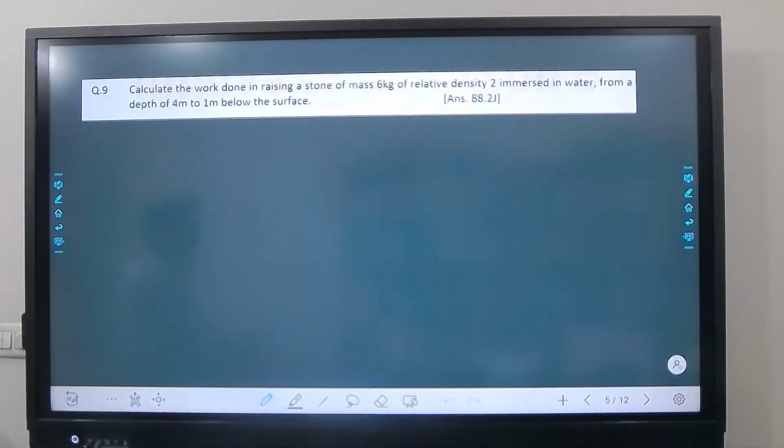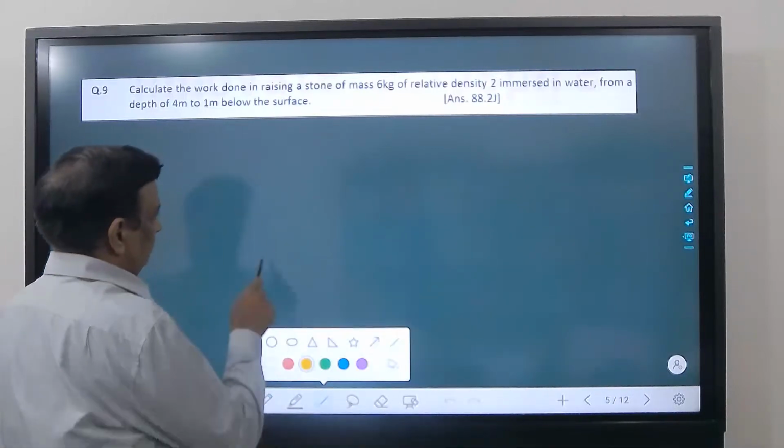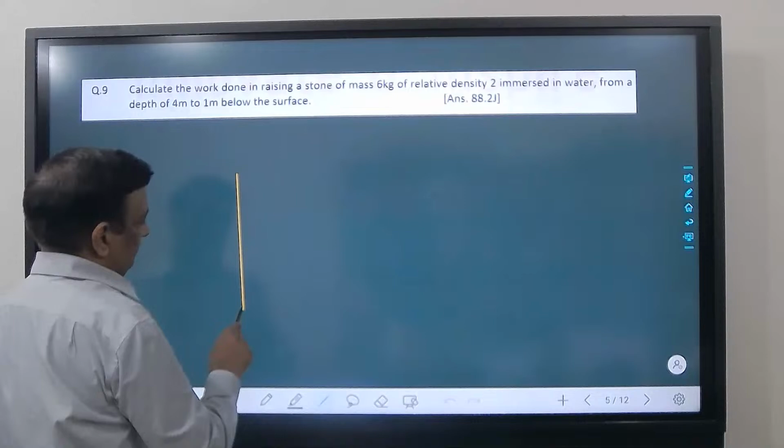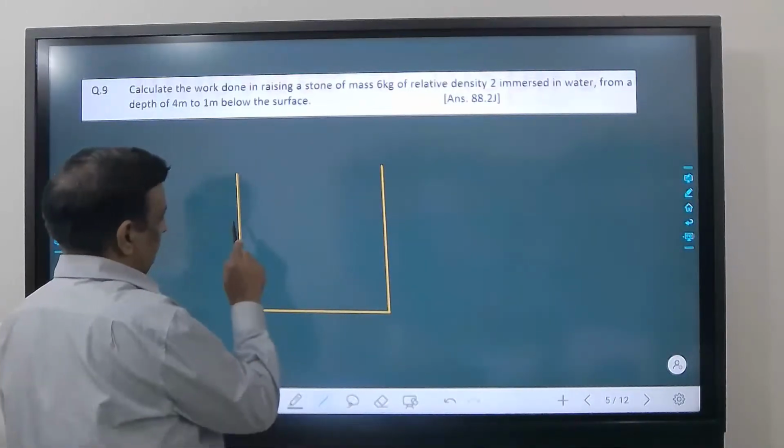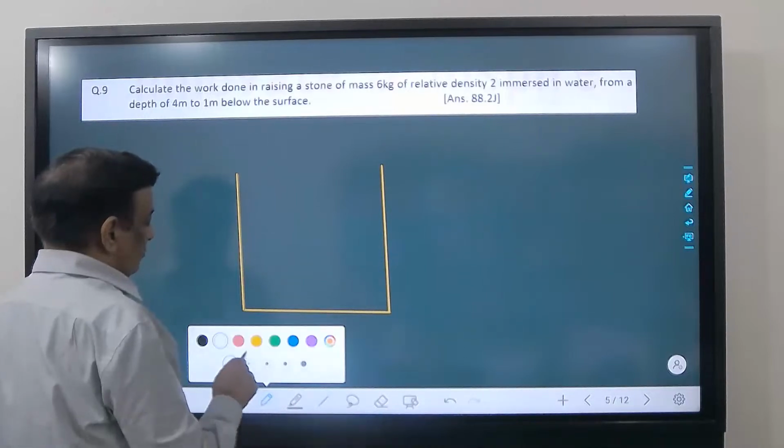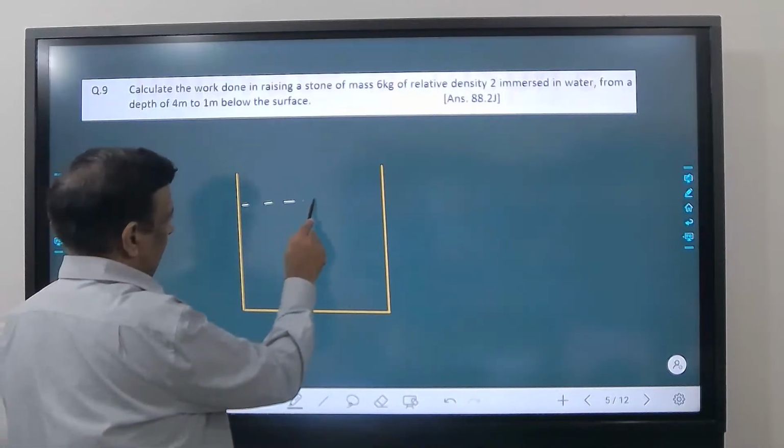Calculate the work done in raising a stone of mass 6 kg of relative density 2 immersed in water. हमारे को दिया stone is immersed in water.